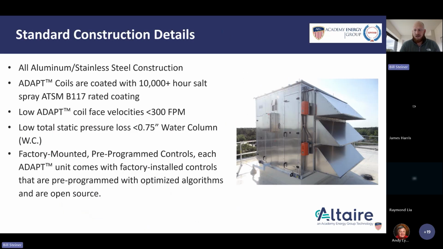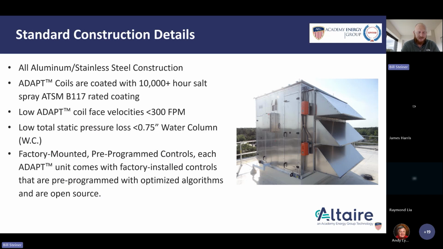So what are some standard construction details that we feel are important when we're talking about dehumidification and wanting to hold up and be robust for the long term? Our units as a standard are going to come in either all aluminum or stainless steel construction. Surprisingly enough, right now it's about the same to supply stainless steel as it is aluminum with all the tariffs and everything going on.